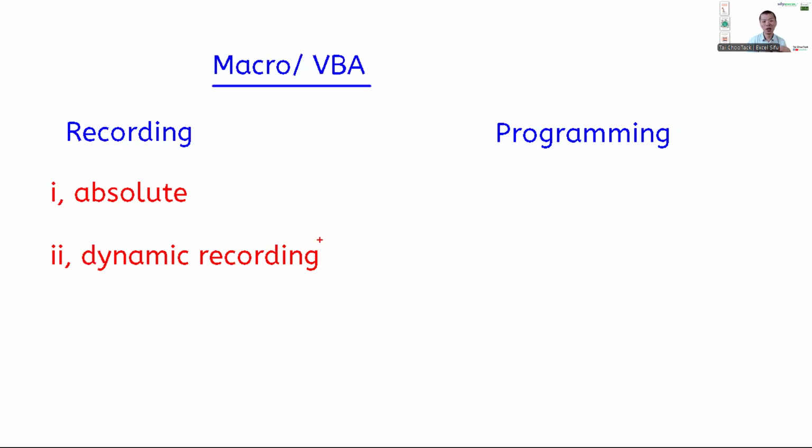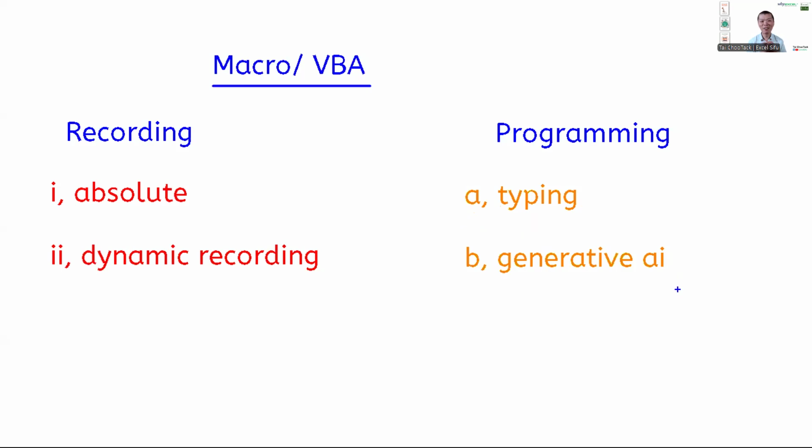So this is the difference between absolute and relative. Meanwhile, programming has two sub-options as well. We could use manual typing for the whole thing, or we could use generative AI, like ChatGPT, Copilot, and so on.